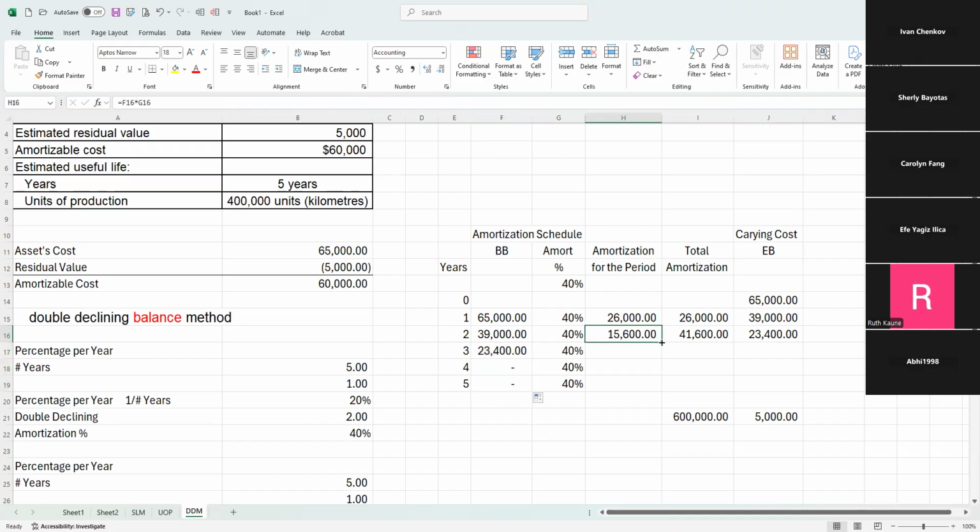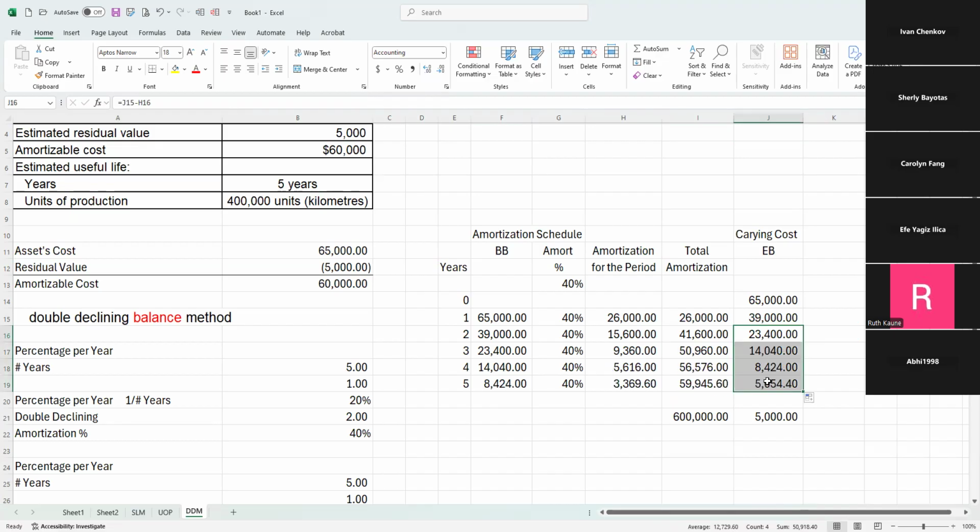Amortization is going to be calculation. This amount is going to be like this, and this amount is going to be like that. So if you let the calculation go, let me see. That's why we have so many zeros.